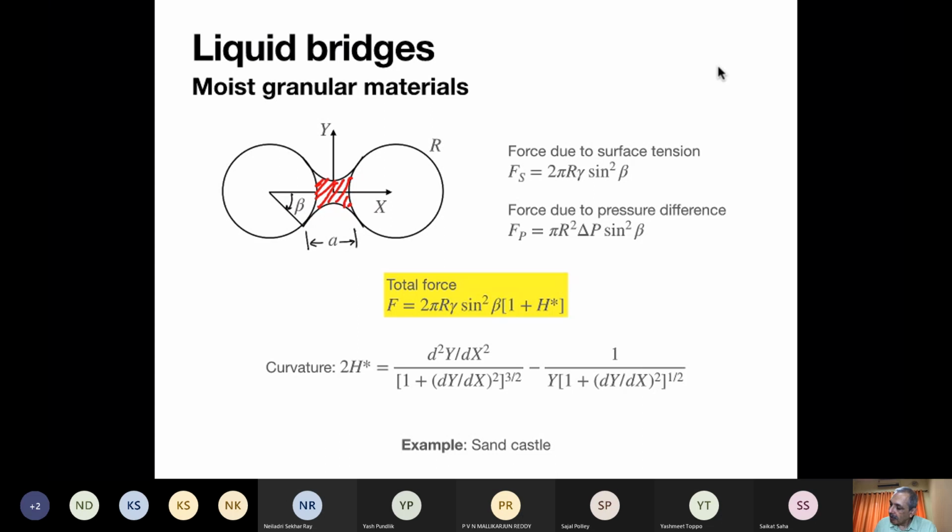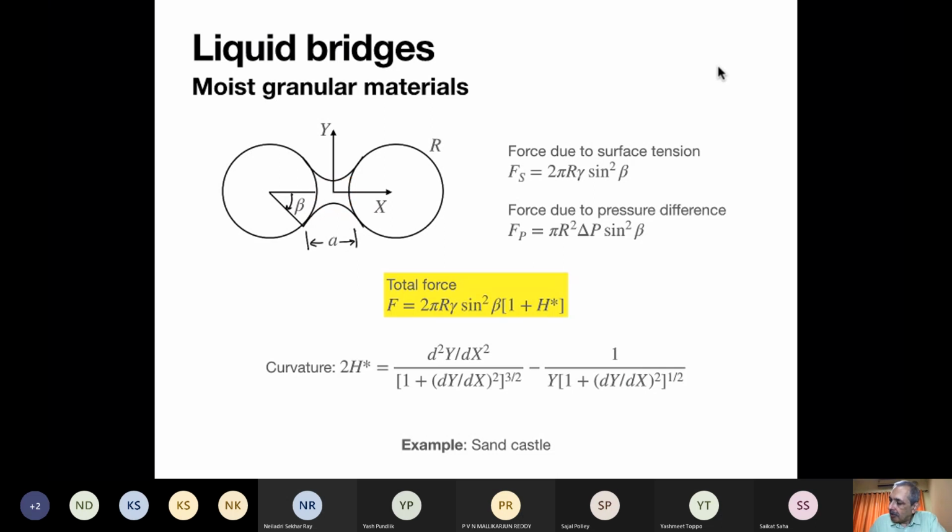So there are two types of curvature, that's why there are two radii of curvature given by this and this. So this gives us the total force, and so you can calculate this. Okay. So with that, essentially, it completes what I wanted to tell you about the particle-particle interactions.